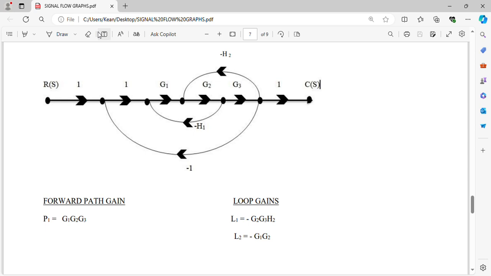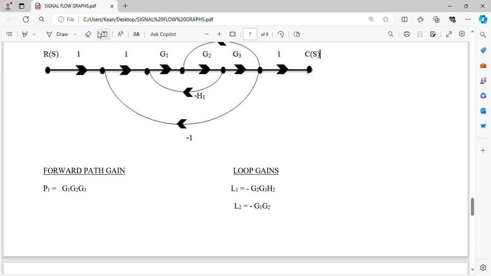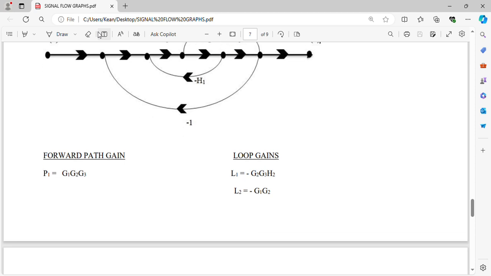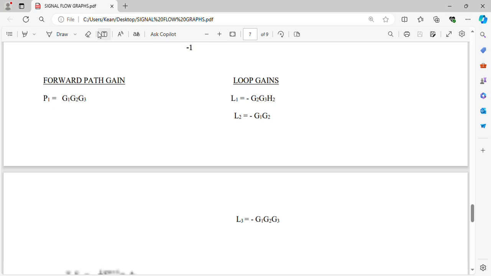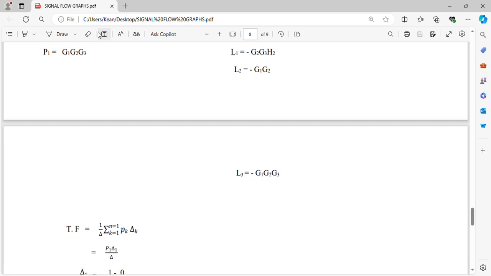We don't have another path, but we also have 3 loops. The 3 loops have their gains. I have stated the gains there, as you can see, L1, L2, and L3. Those are the gains, and all of them have a negative transfer function.